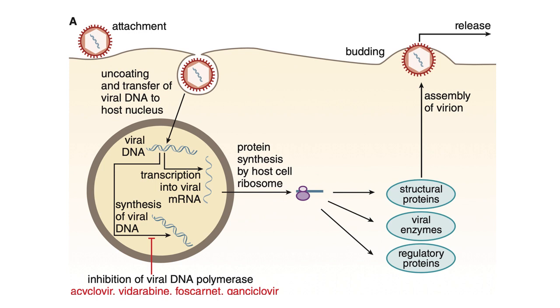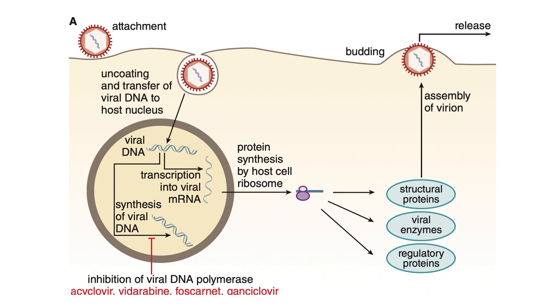The transcribed viral mRNA exits the host cell nucleus and goes into the host cell's cytoplasm, where it is processed by the host cell's ribosome to form structural proteins, viral enzymes, and regulatory proteins.